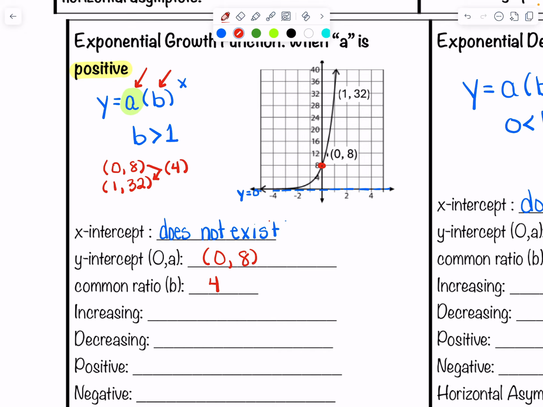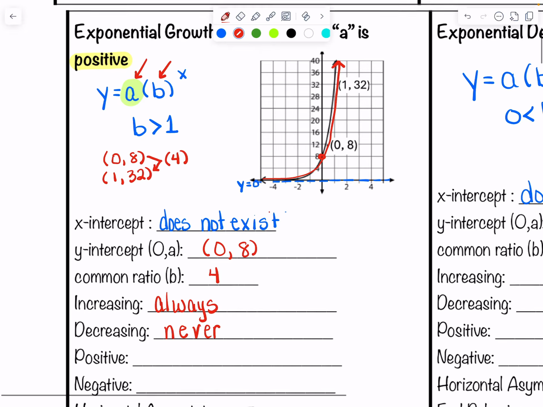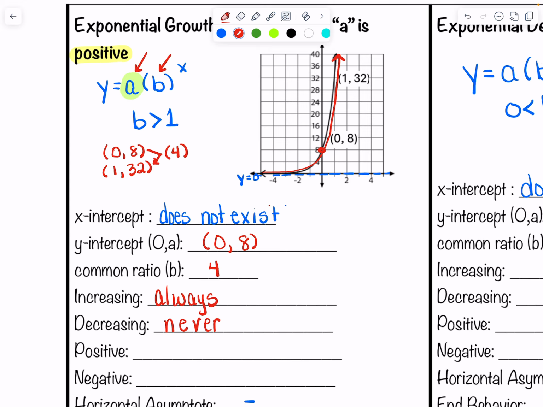When is the graph increasing? So from left to right, when is this graph going up? It is always increasing. So if it's always increasing, then that means it can never be decreasing. When is this graph positive? When is it above y equals 0? Well, it is always above y equals 0.